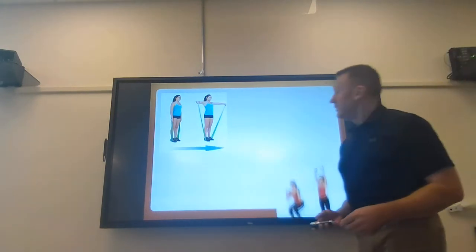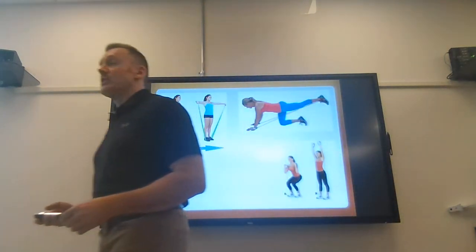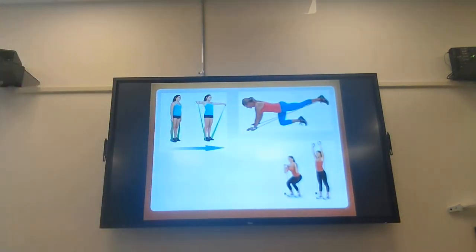Okay, so you can use bands for all kinds of things. How many of you use bands for different things? Look around. Yeah. Okay, so there's different colors. What do the different colors represent? Yeah, resistance, which would be equated with stiffness, right?